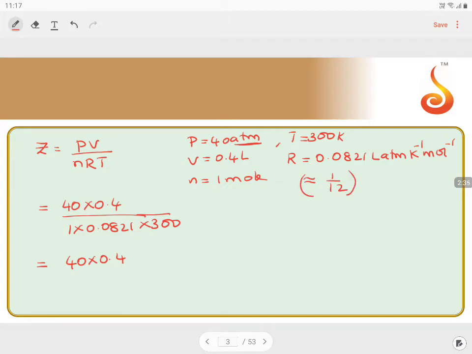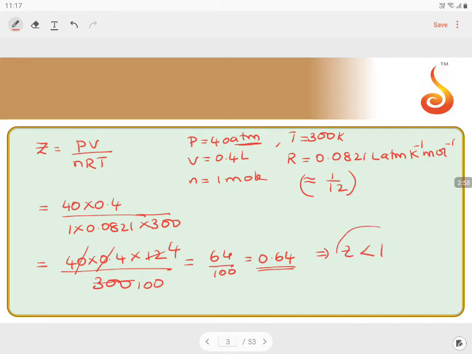In a competitive approach, we can do this. If I do this, you will get nearly 12 by 300. So the 0 and 0 get cancelled. This is 100 times and this is 4 times, so 4 into 4 into 4, 64 by 100. We'll be getting 0.64. 0.64 is your value of Z, which is less than 1.